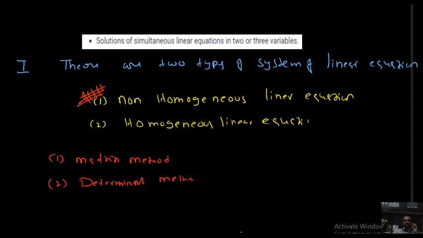So first of all we need to use the matrix method. I will explain how to solve a system of linear equations by using the matrix method.